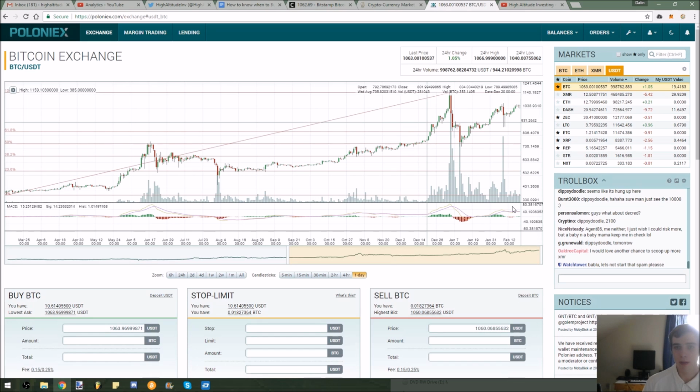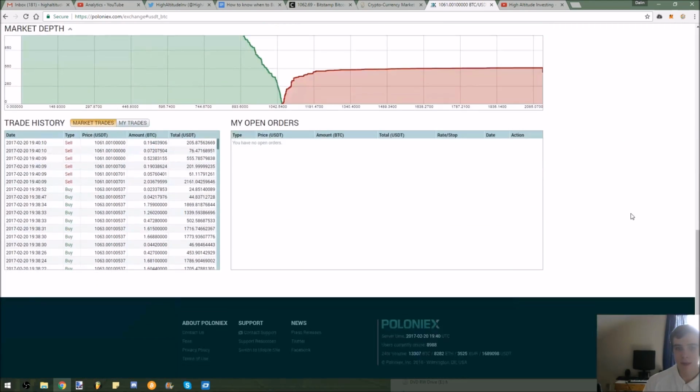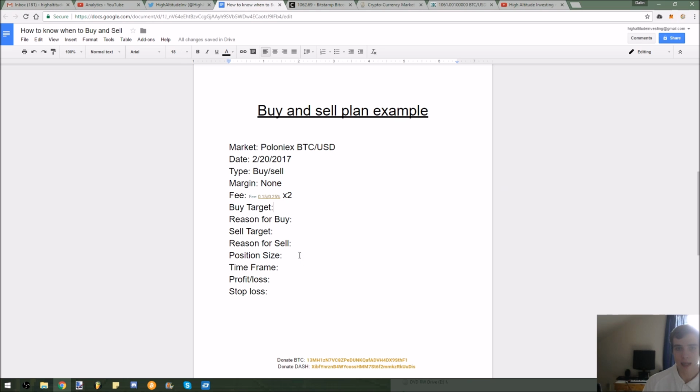So I'm going to go over to Poloniex, since this is the market I'm using. I'm going to spend $10. So the position size is, let's go right here and put 10 USD.